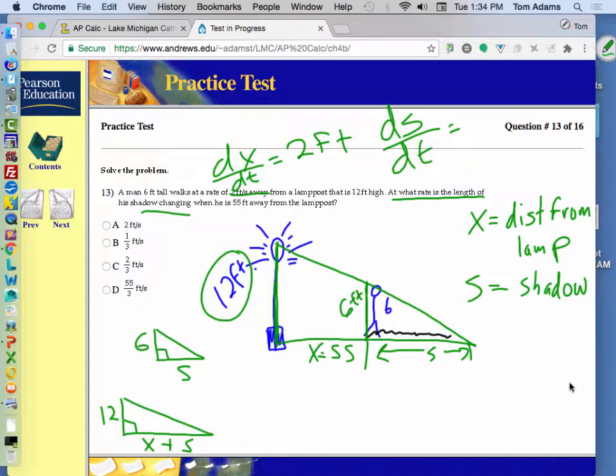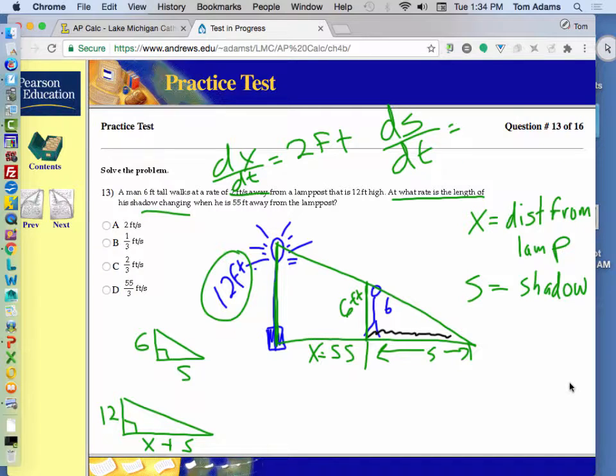Does that make sense, you guys? Yeah, so those are similar triangles, so they should be proportional to each other. And so we'll write these as being proportional to one another, and then we'll have an equation.